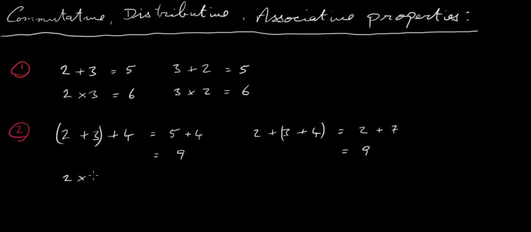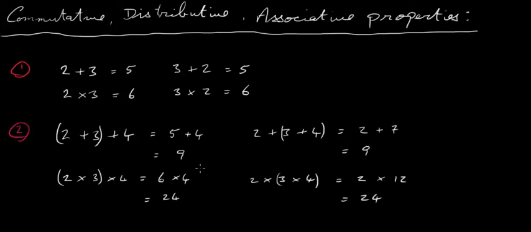So if we have 2 times 3 times 4, that will give us 2 3s are 6 times 4, so that gives us 24. If we put the brackets around the 3 and the 4, that'll give us 2 times 12, which is also 24.